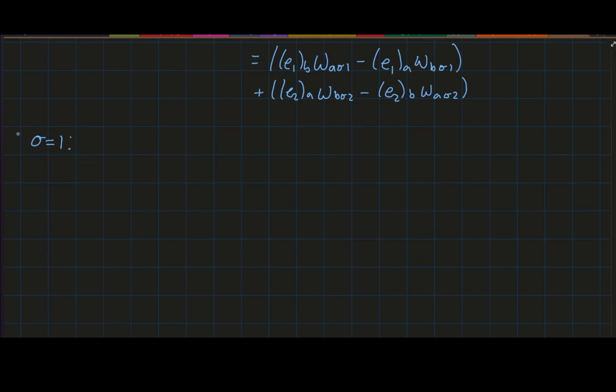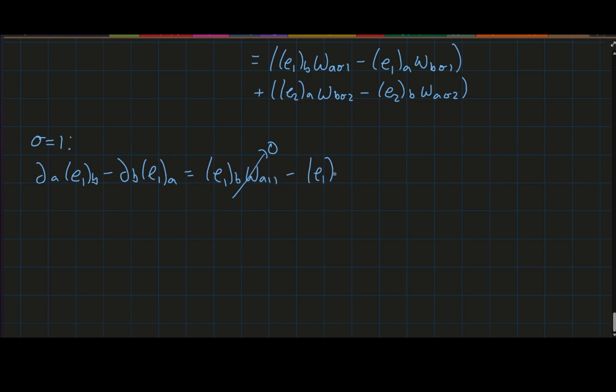So the left-hand side ends up becoming this. So this is right away going to be 0 because the last two indices of the omega are the same. E1 A omega B11 for the same reason, this just goes to 0. Plus, let's see, E2 A W B12.